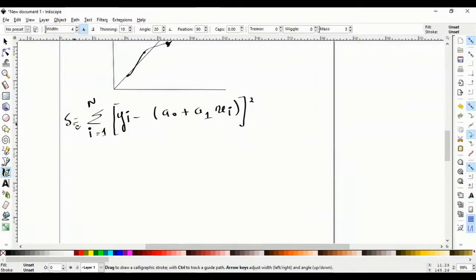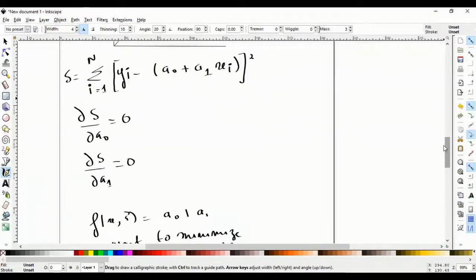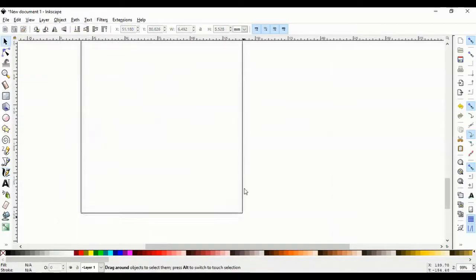This is the sum of the squared residuals that you want to minimize. So you want dS over da0 equals 0, because this quantity is minimum where dS over da0 is equal to 0 and dS over da1 is equal to 0. So you will get two equations. Let's do that.